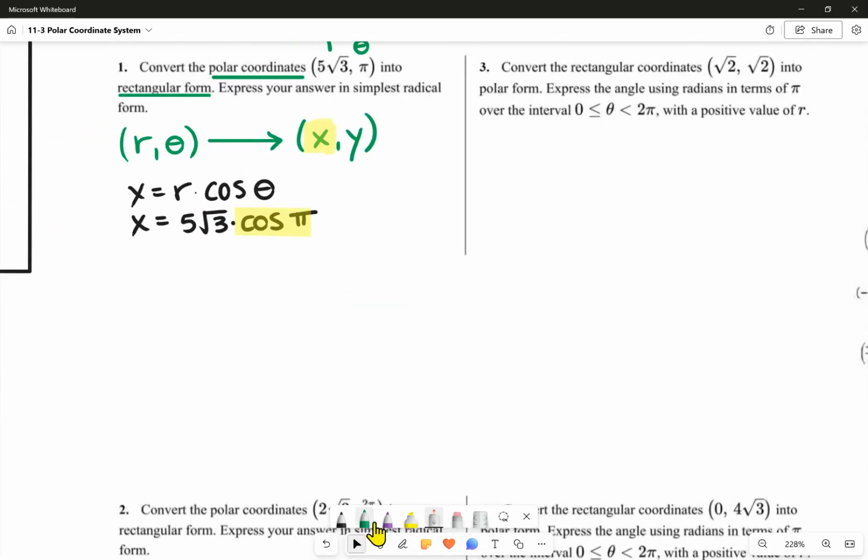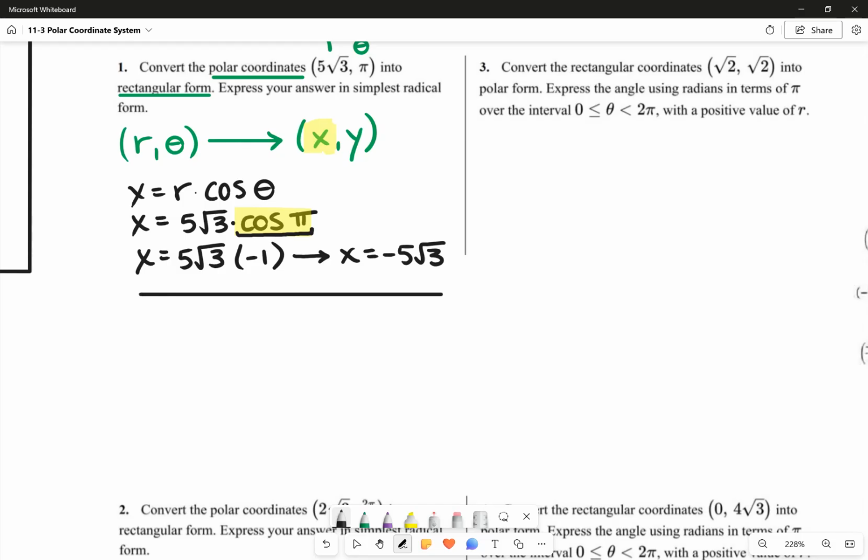So I am going to rewrite what I have here as x equals 5 square root of 3, and cosine theta is replaced with -1, which simplifies to x just being -5 square root of 3. So that's how I found my x coordinate.